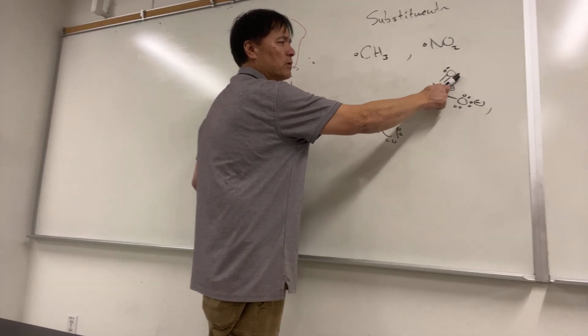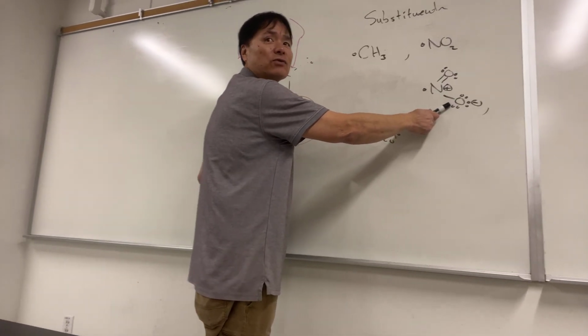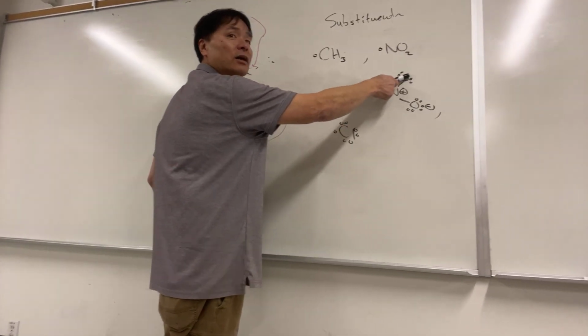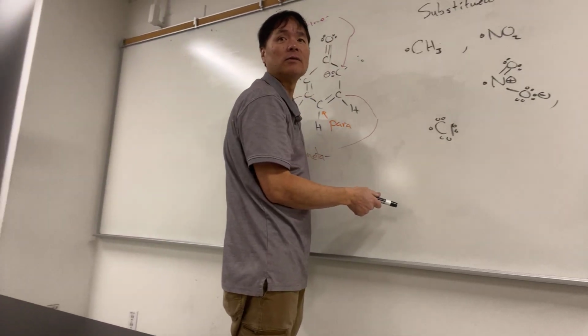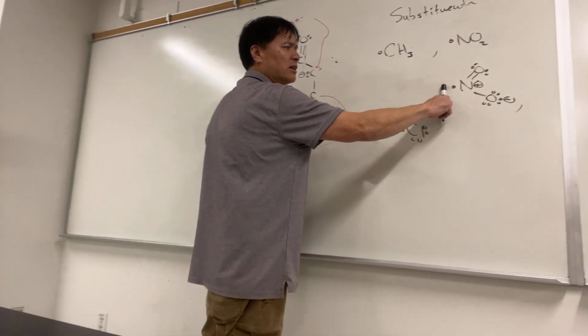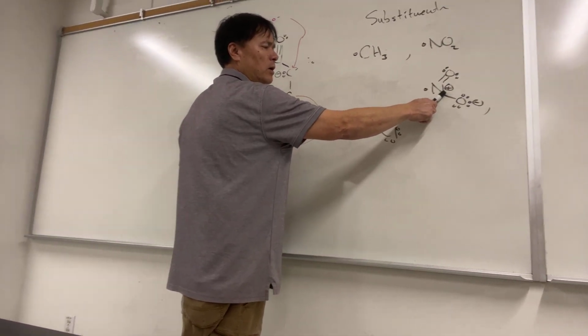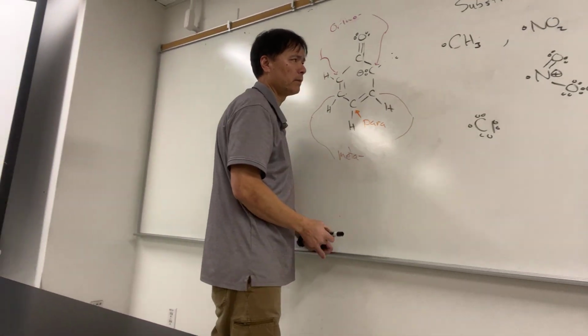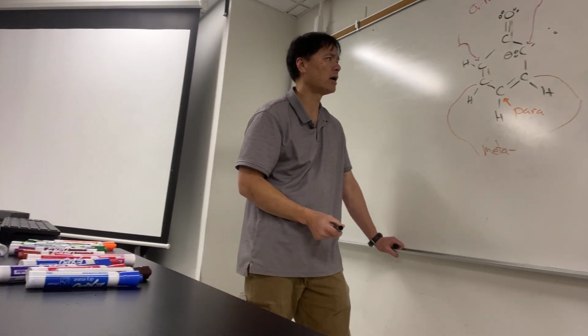There's already resonance here. There's one more resonance form here. And so we can push a double bond out here, kick electrons out, and then we can get even more delocalization. And so nitro will have some inductive withdrawal due to the positive nitrogen here, and resonance because we can have the double bonds extend out here.